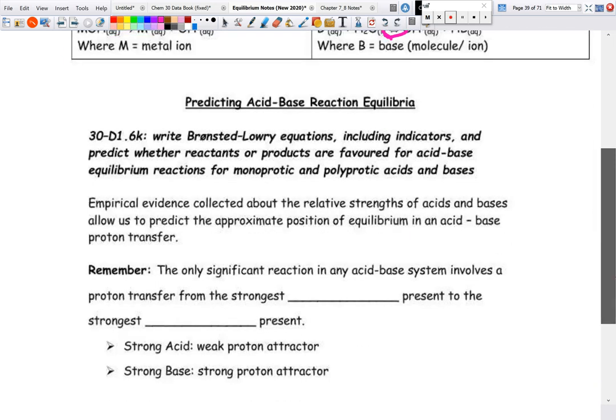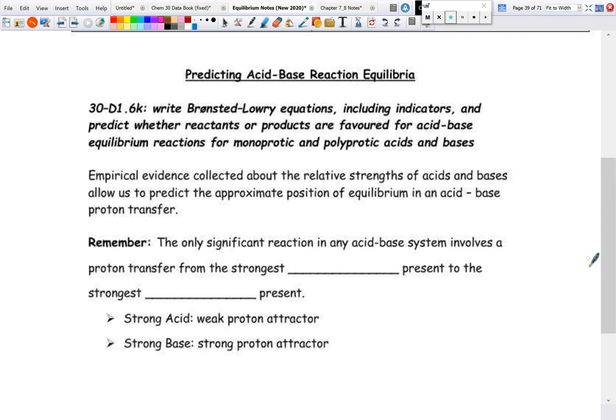The reason we want to review this is that it's going to tie into predicting acid-base equilibria reactions, specifically when we're writing out entities in solution. So just remember, the only significant reaction in an acid-base equilibrium involves the proton transfer, which is just H+, from the strongest acid present to the strongest base.